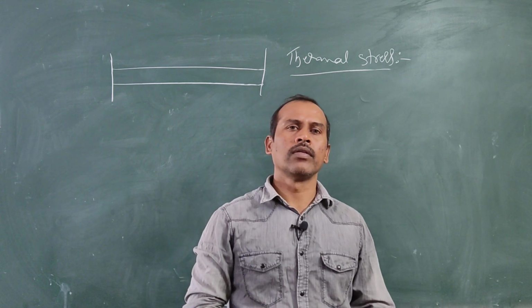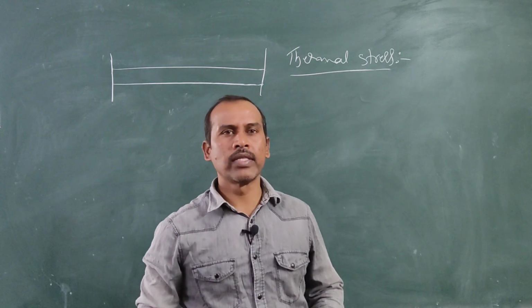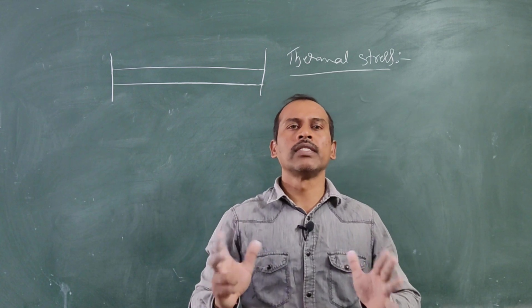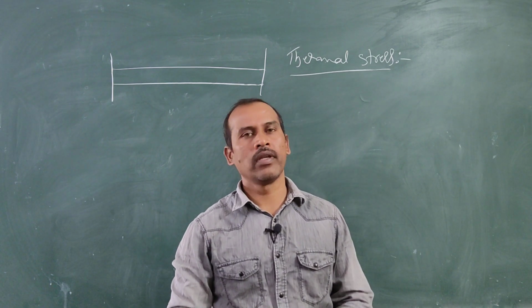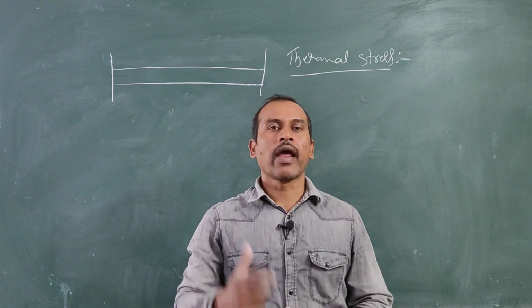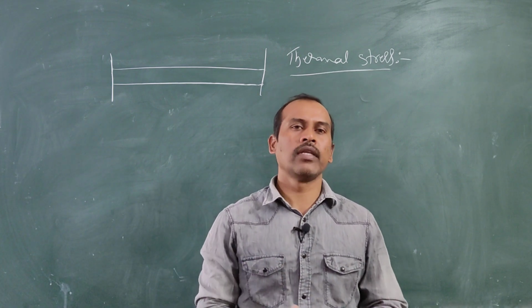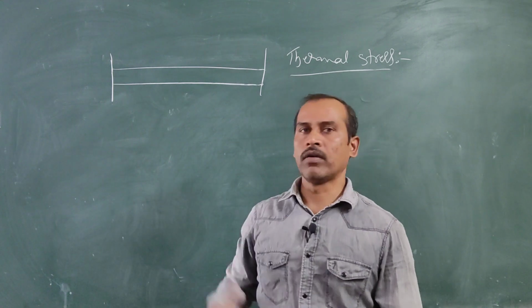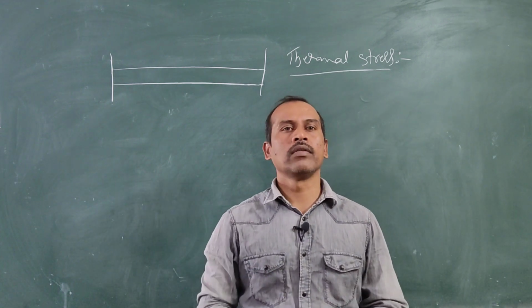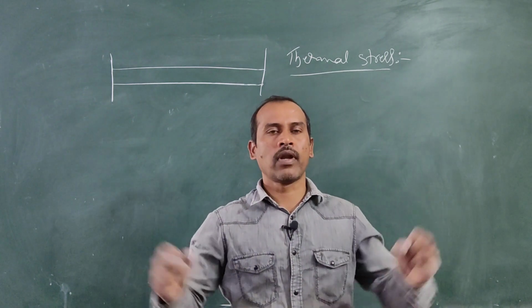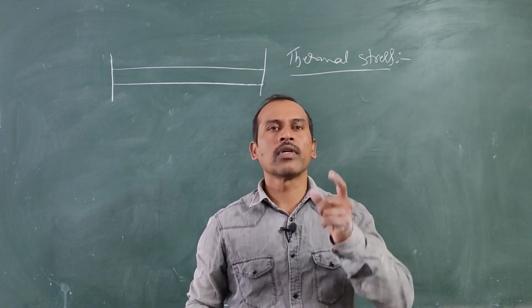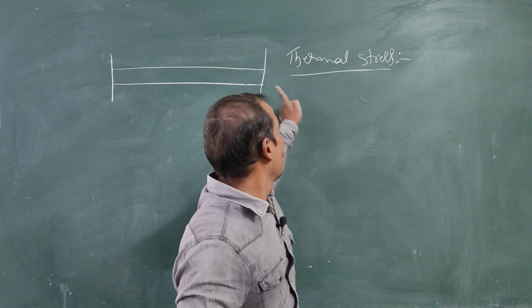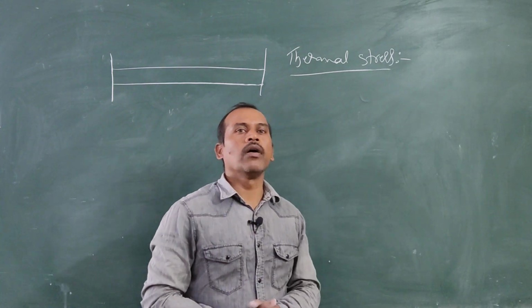This rod, when placed in between two rigid walls, then as the temperature of the rod rises, the rod tries to expand and exerts force on the ends of the walls.